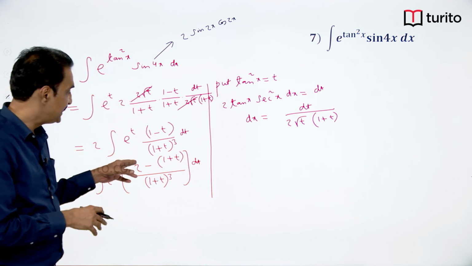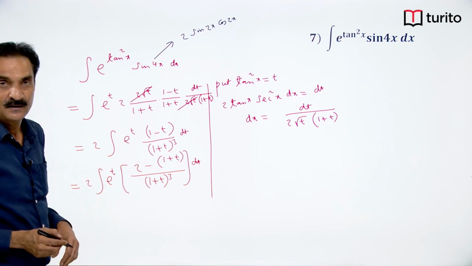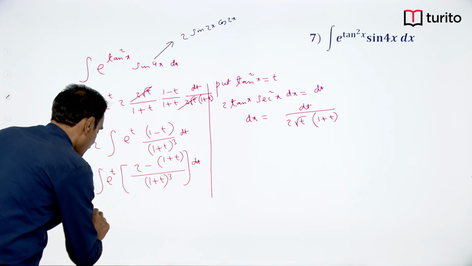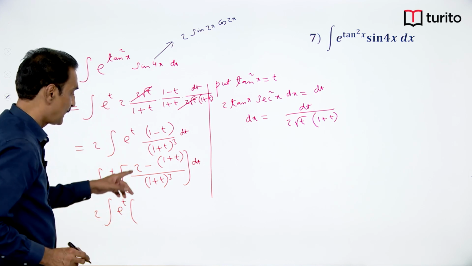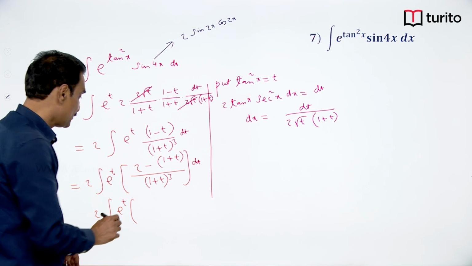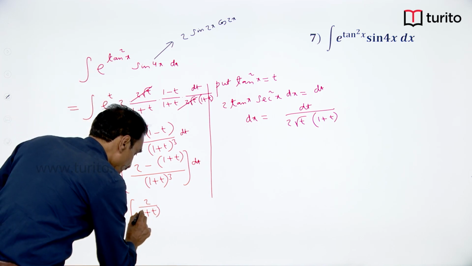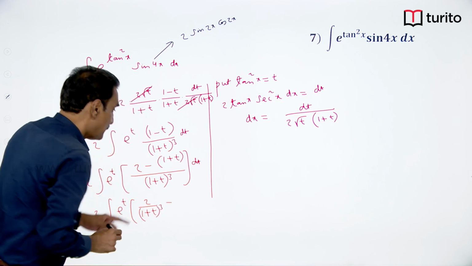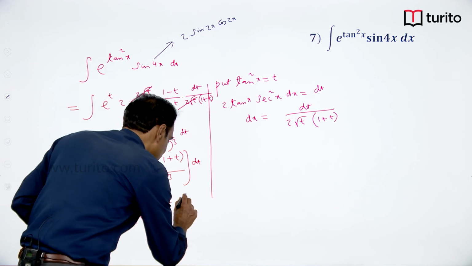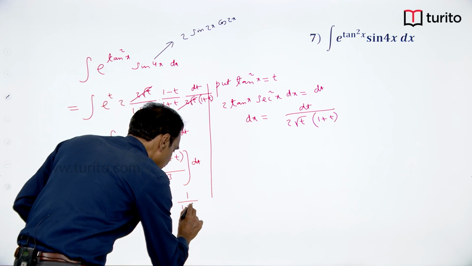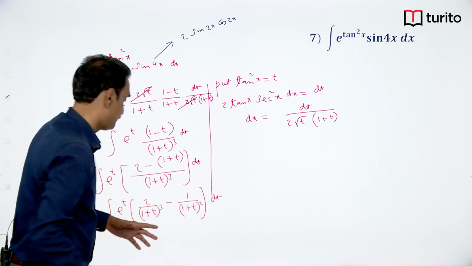You will be getting this idea by practice. Now separating the denominator, you will get 2 integral e power t into 2 by 1 plus t whole cube minus 1 plus t cancels, you will get 1 by 1 plus t whole square dt.